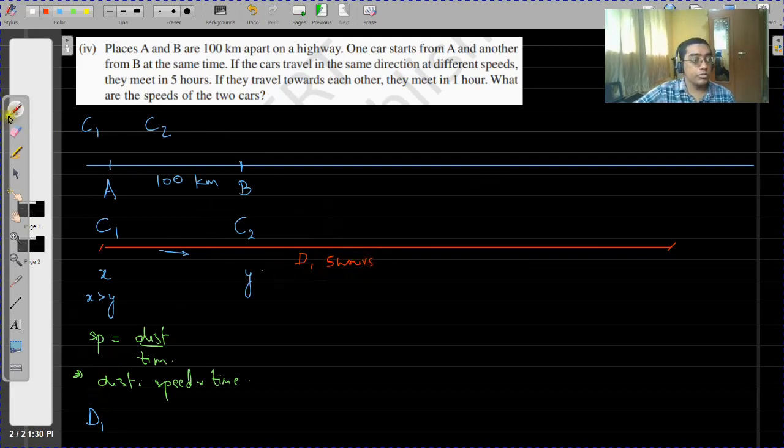Now car 2 travels a distance D2. So I'm going to draw D2 with my line. Car 2 travels a distance starting from B. Let me draw that with a green color pen. Yes. It travels a distance D2 in 5 hours.